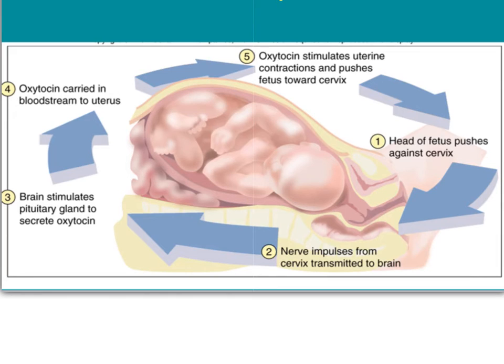Oxytocin is then carried in the bloodstream to the uterus, which stimulates uterine contractions. This continues to get more and more intense until the baby is pushed through the birth canal. Once this occurs, the body has reached its set point and does not have uterine contractions anymore.